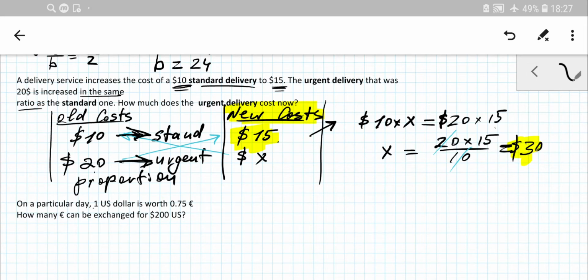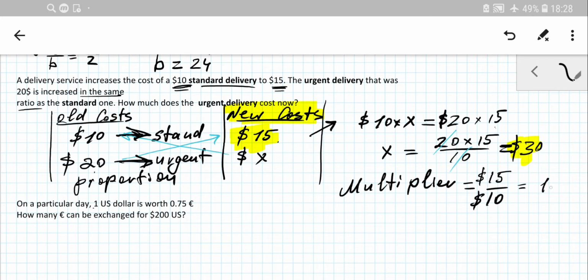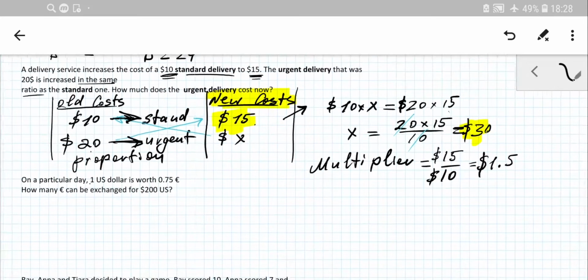So actually the multiplier is 15 to 10. So what does it signify? If you divide, if you cancel, you'll get 1.5 times more. That's an increase actually.